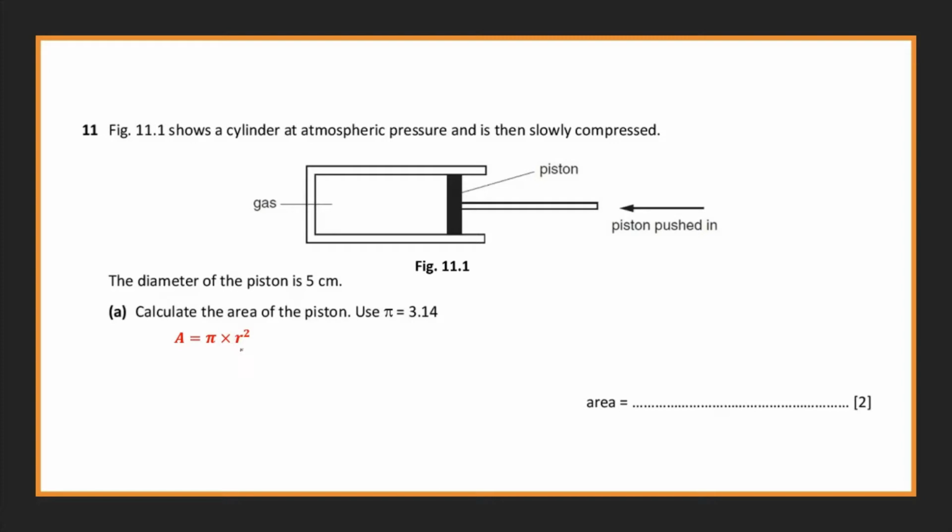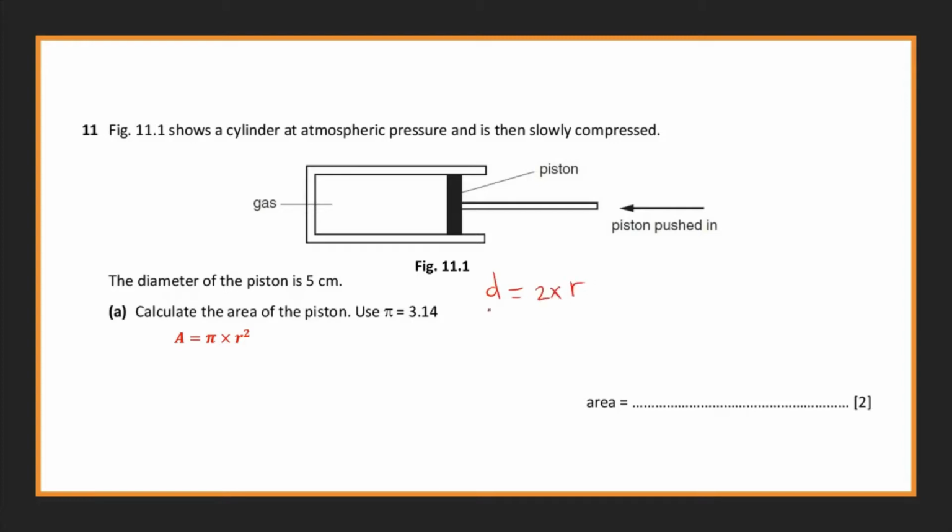R is the radius of the piston. In the problem, the diameter of the piston is 5 cm. Recall your memory. Diameter equals to 2 times radius.